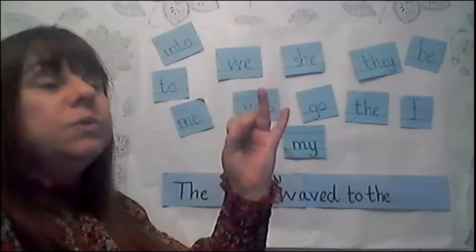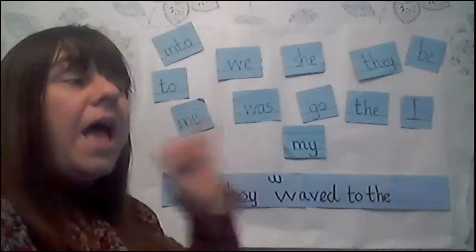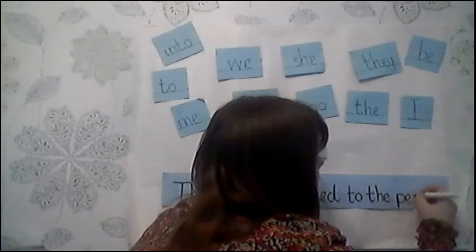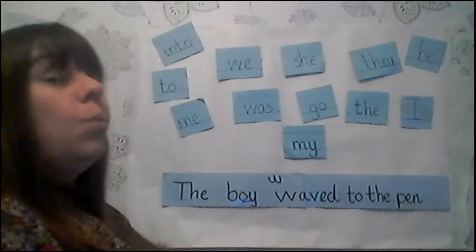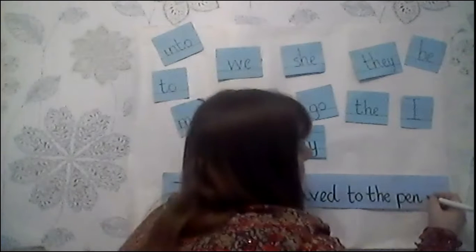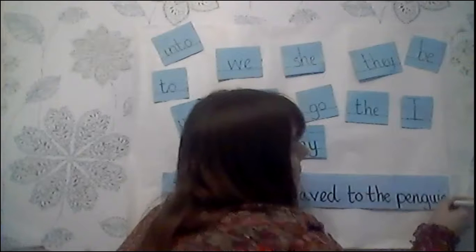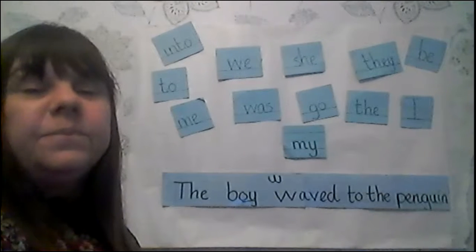Penguin is a two-syllable word. Let's sound out pen first. P-E-N. It sounds like it should be g-w-i-n, but it's that strange spelling. And the full stop at the end.